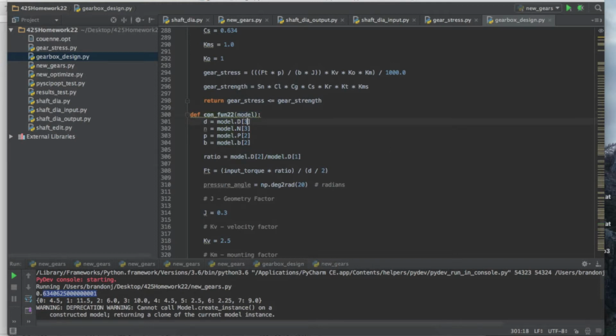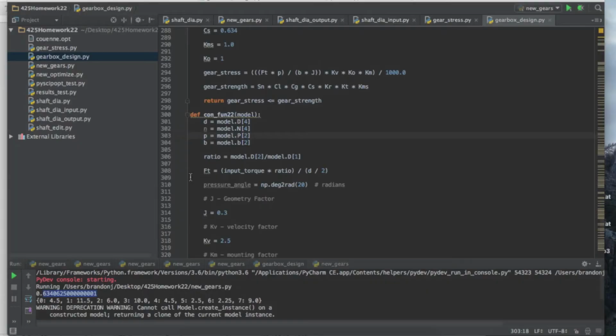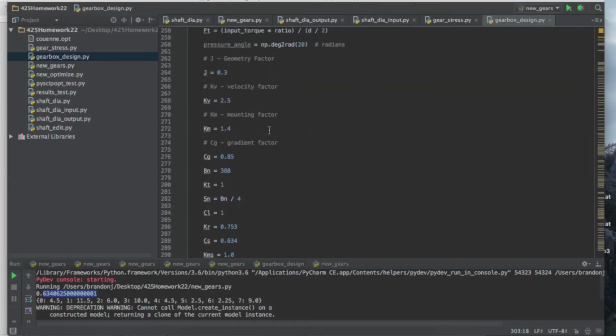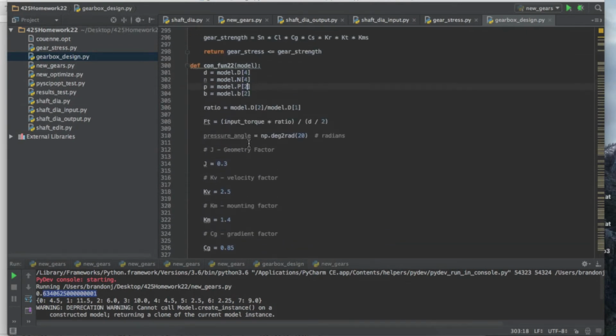So now we're going to be doing gear 4. Now gear 4 has the diametral pitch of 2, should be the same as 3, right? Yeah. So D2, okay, and then gear 4 is going to be a different ratio altogether.